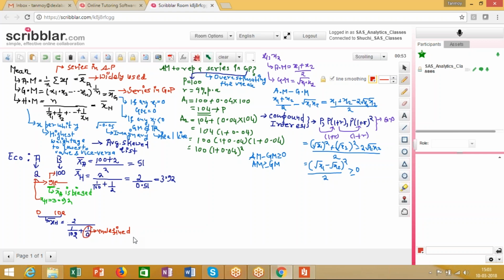So geometric mean in the presence of negative values and harmonic mean in the presence of 0 get undefined. Geometric mean gets undefined if at least one of the values is negative. Therefore, even if you know that it is appropriate to use geometric mean and harmonic mean, you may not be able to use them.